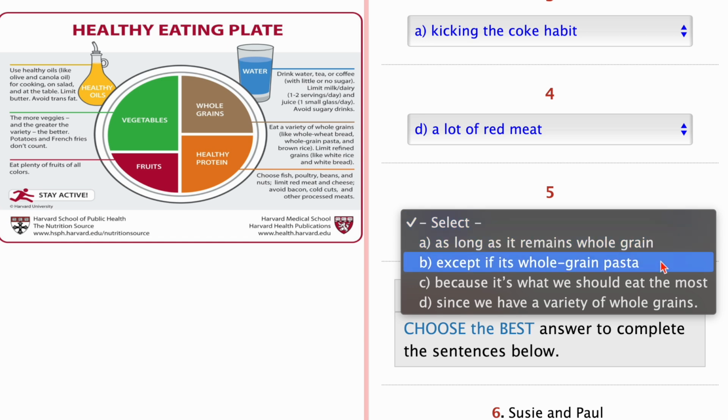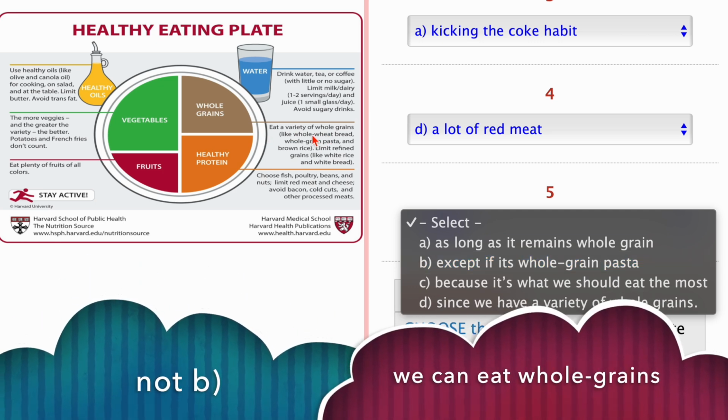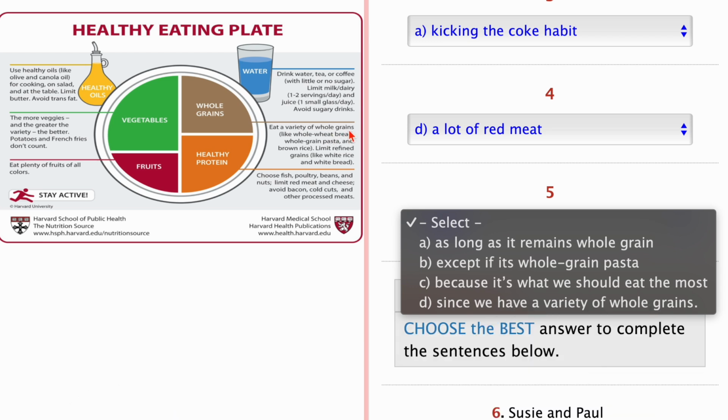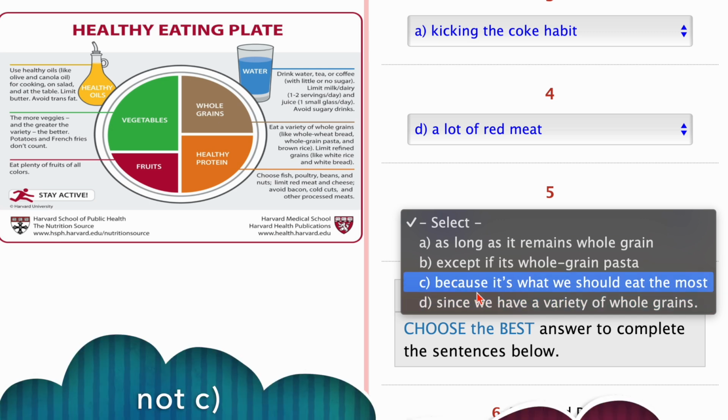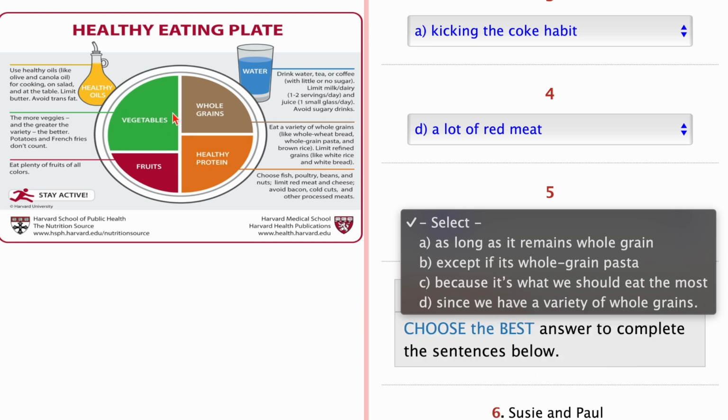Because except or but if it's not whole grain, here it says it should be whole grain. Okay? Also, it's not C, because it's what we should eat the most. But according to this, it's vegetables the most. Okay? So not C.